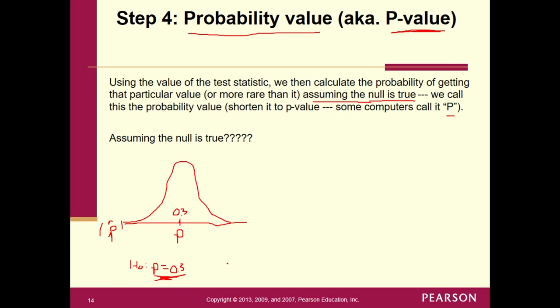So what do we do then? We sample and we get our p hat, the sample proportion. Maybe our p hat turns out to be way down here, like 3 or 4 standard errors away. Now, do we expect our p hat to be really far away from the center of the sampling distribution?